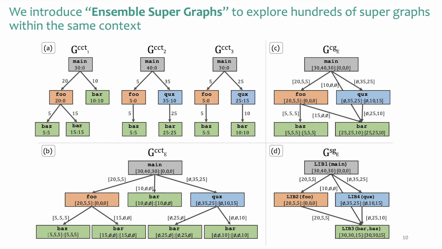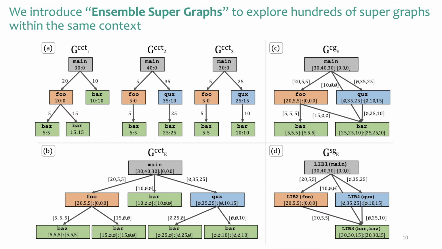To create the ensemble supergraph, first we perform a unify operation on individual CCTs to construct an ensemble CCT. Unify operation merges all the calling contexts that share the same caller-callee relationships across the CCTs. A call site from a CCT is considered equivalent to the call site from another CCT if they have the same calling context across the two runs.